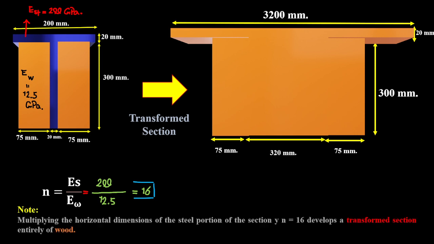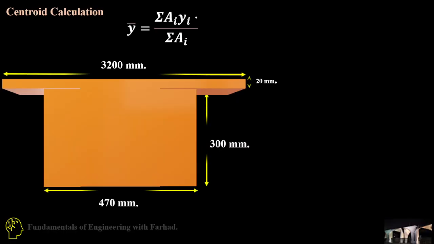By multiplying the horizontal dimension of the steel portion of the section by 16, we develop a transformed section entirely of wood.